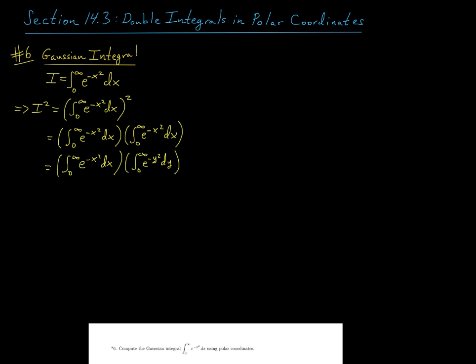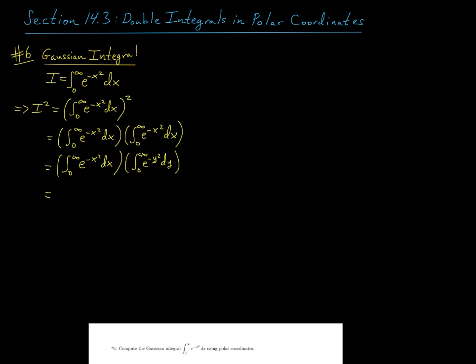Okay, and so now if you recall from sections 14.1 and 2, we had this result that said if you have an iterated integral and your integrand is the product of two functions where one of the functions depends only on x and the other depends only on y, then you can write that iterated integral as the product of two single variable integrals.